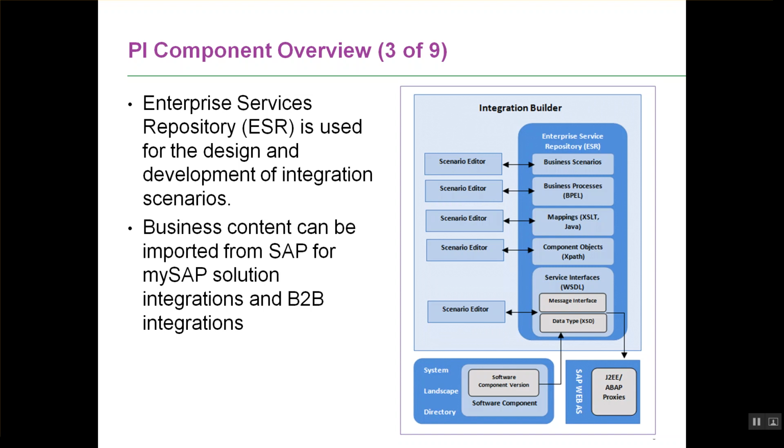These are two separate SAP systems. Because both of them are standard SAP systems, they need some kind of integration. SAP also provides the enterprise service repository content that you can just import into the ESR, and once you import into the ESR, all you need to do is just configure these interfaces. So no real build or development of an interface is required.